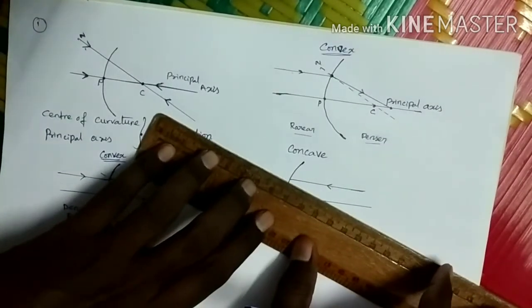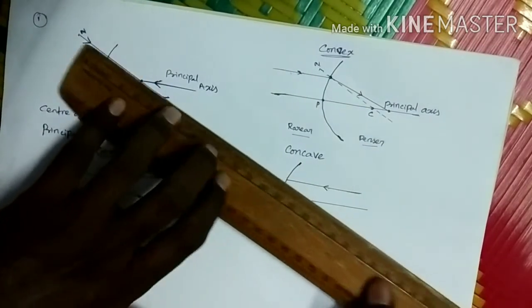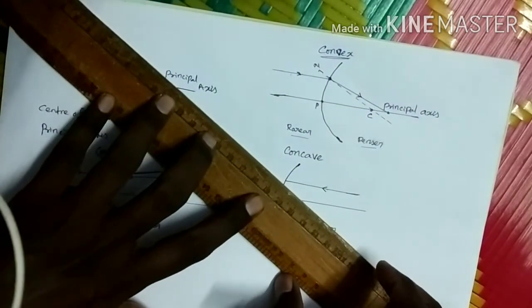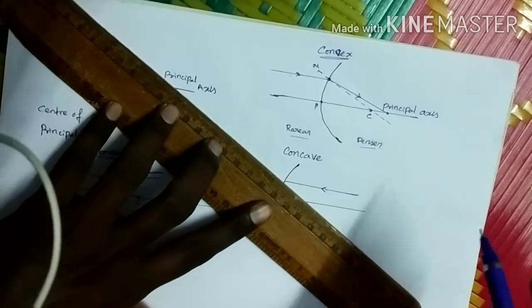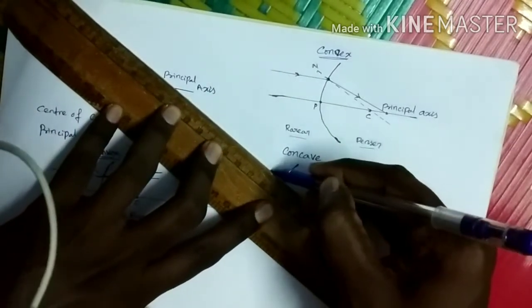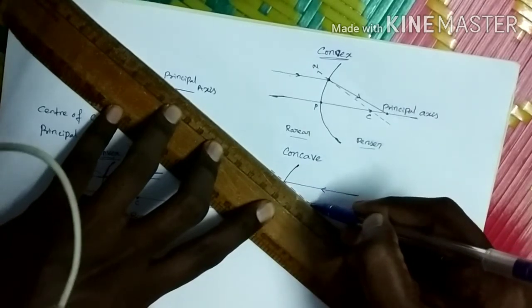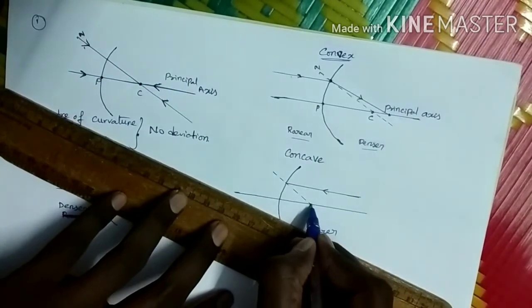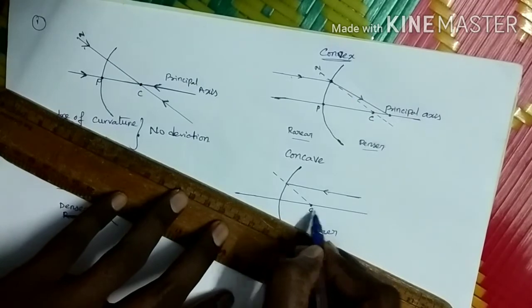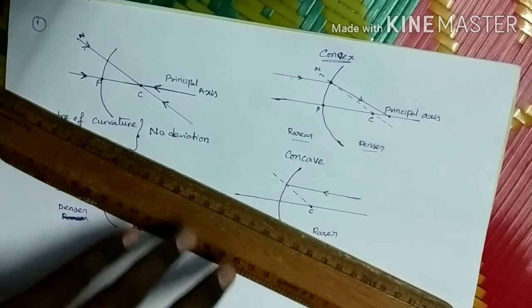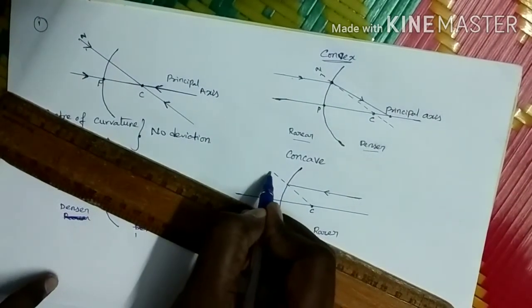Now let us see what happened. Before that, first we have to draw the normal. What is normal? The line joining the center of curvature to any point on the curved surface, that we call it as normal. This will be the normal here.